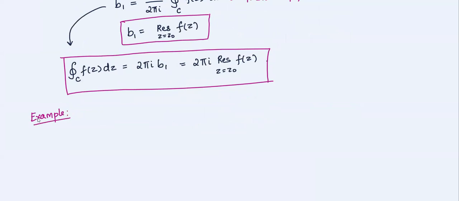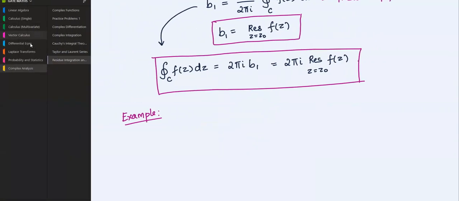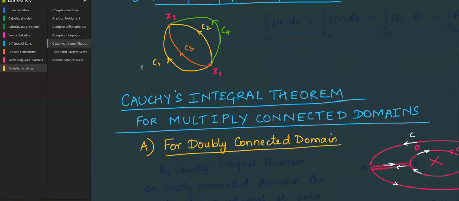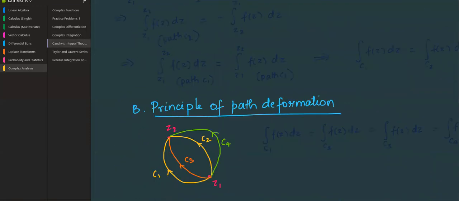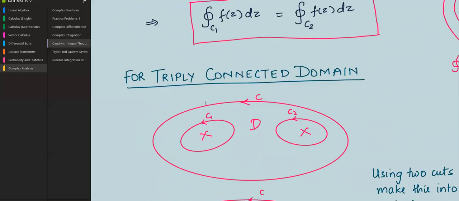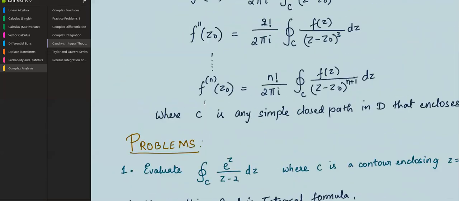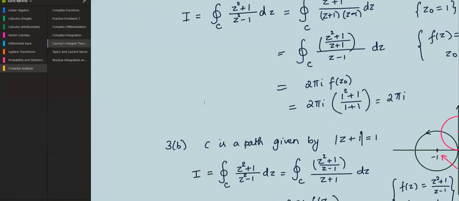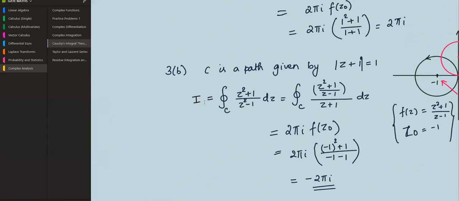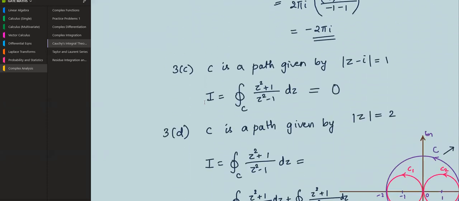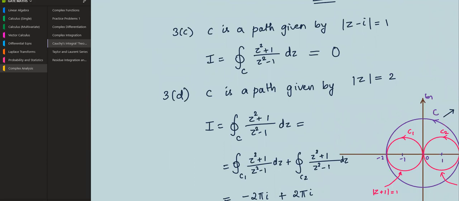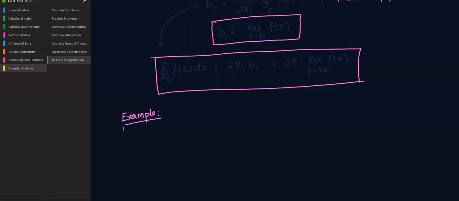Yesterday we did integration using Cauchy's integral theorem. We did so many problems using Cauchy's integral theorem and formula, 2 pi i into f of z naught. Now we will use the residue integration method to find this out.